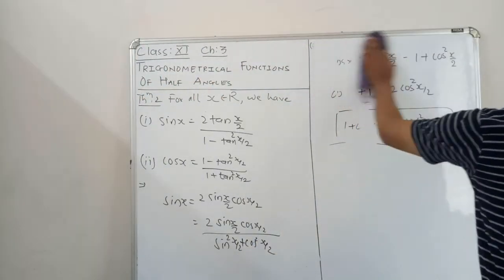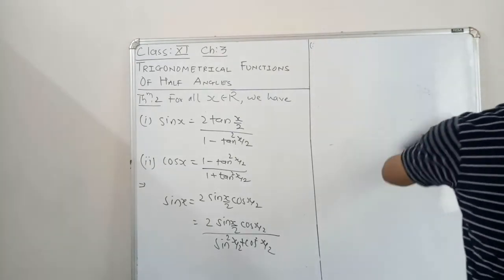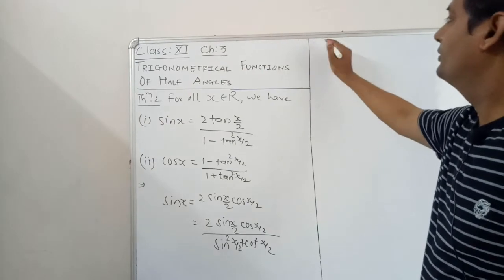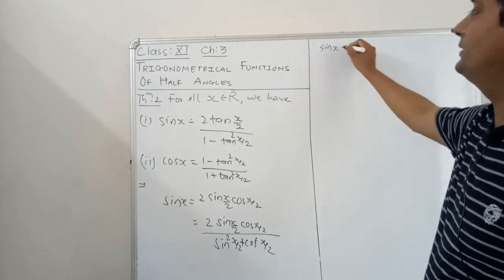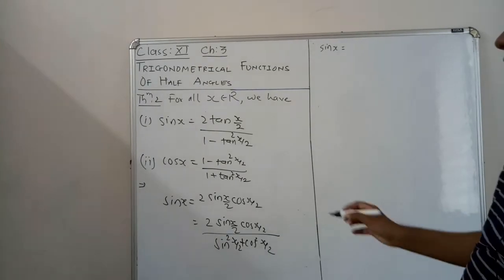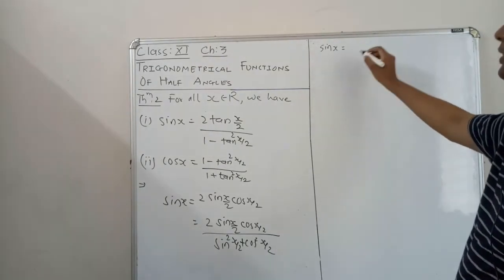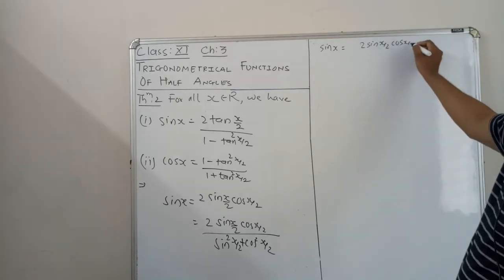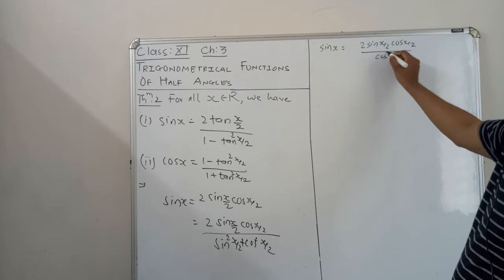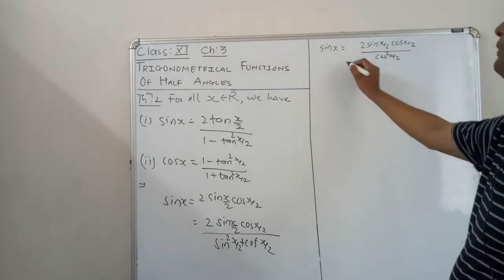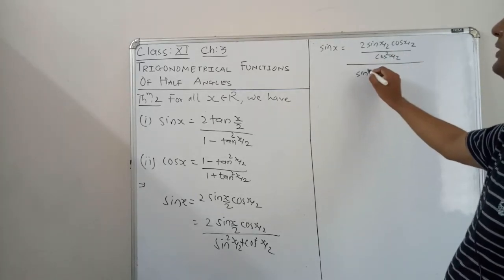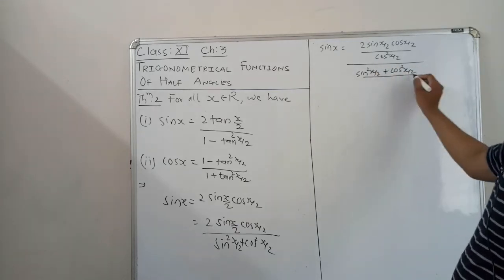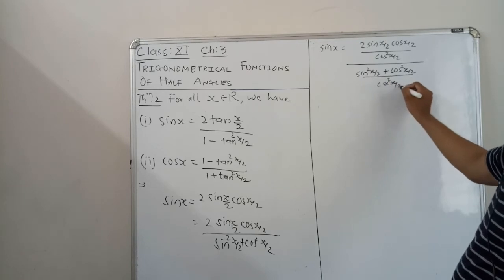तो यहाँ पे ये कर दिया हमने. सो आप लिख सकते हो हियर sin x इज इक्वल टू, अब देखो डिवाइड बाय बोथ 2 sin x by 2 into cos x by 2 अपॉन cos square x by 2 अपॉन sin square x by 2 plus cos square x by 2 upon cos square x by 2, right?